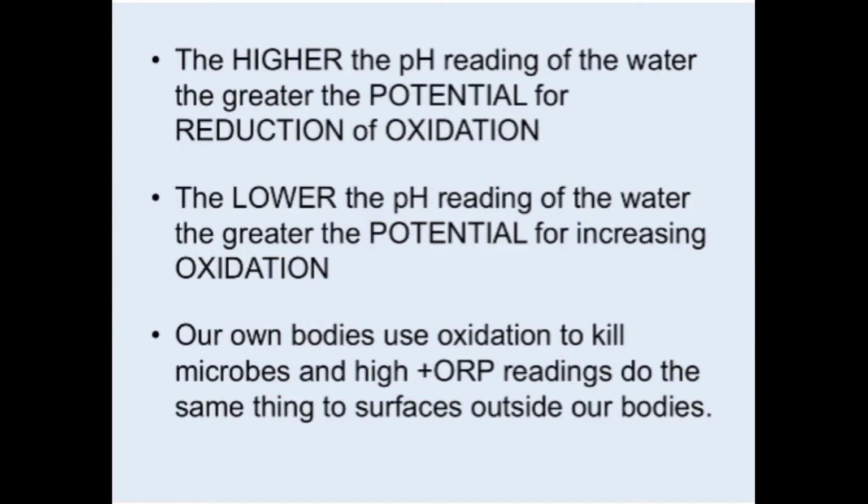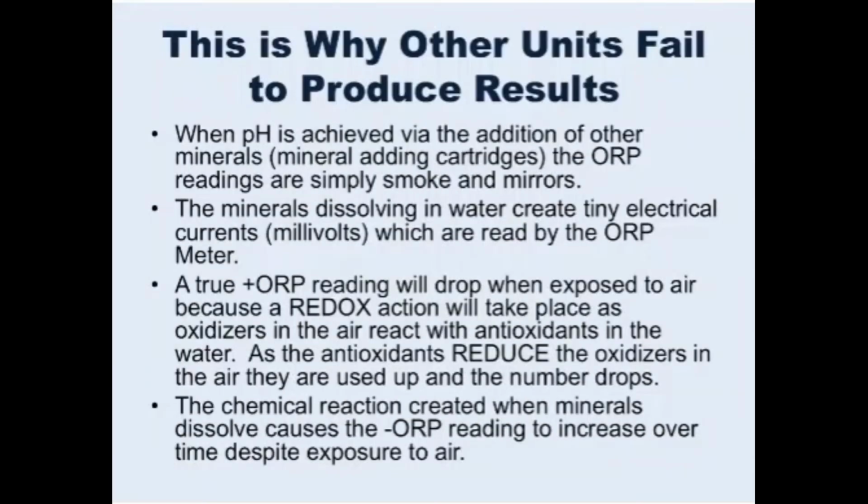So that's the value of the high oxidation potential, to kill more by oxidizing them. It makes the entire virus or bacteria or whatever have so much oxidation it can't survive.